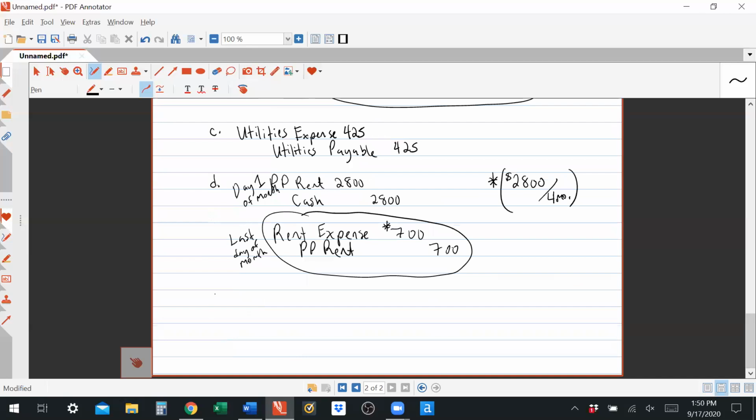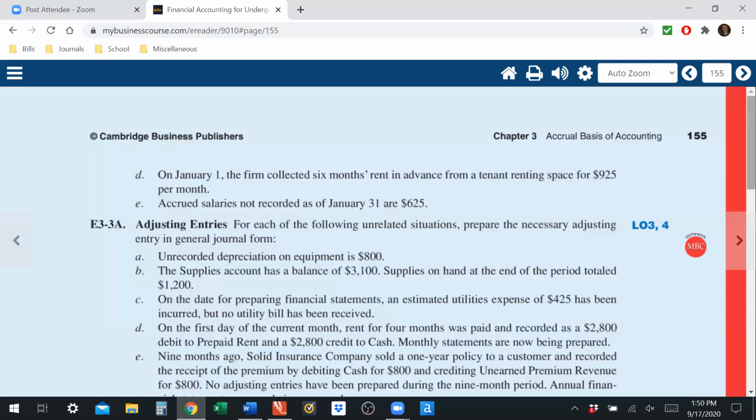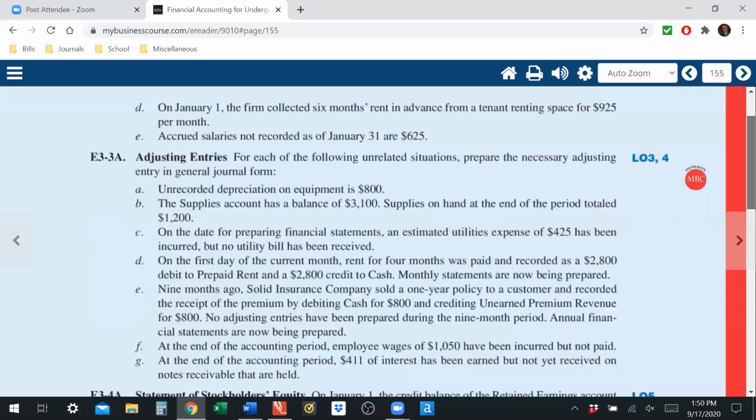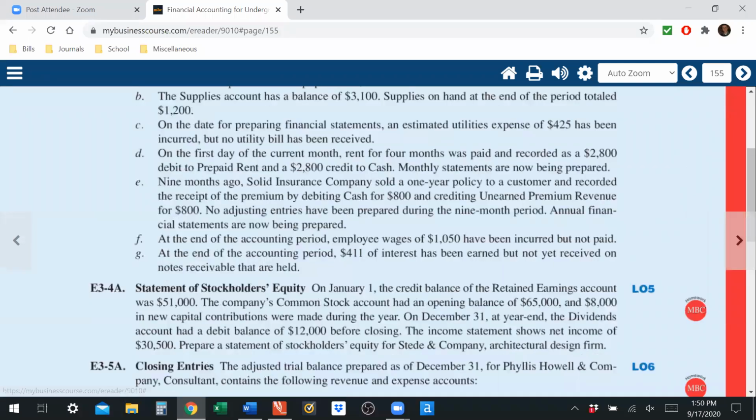E. All right, now this one, you have to read it carefully. It says 9 months ago, so 9 months from the standpoint of where we are right now, and we have to make our adjusting entry from the standpoint of where we are now.